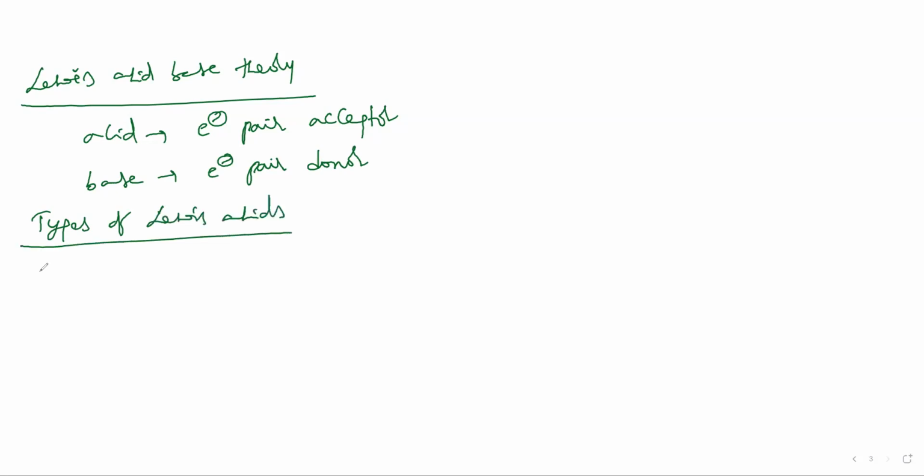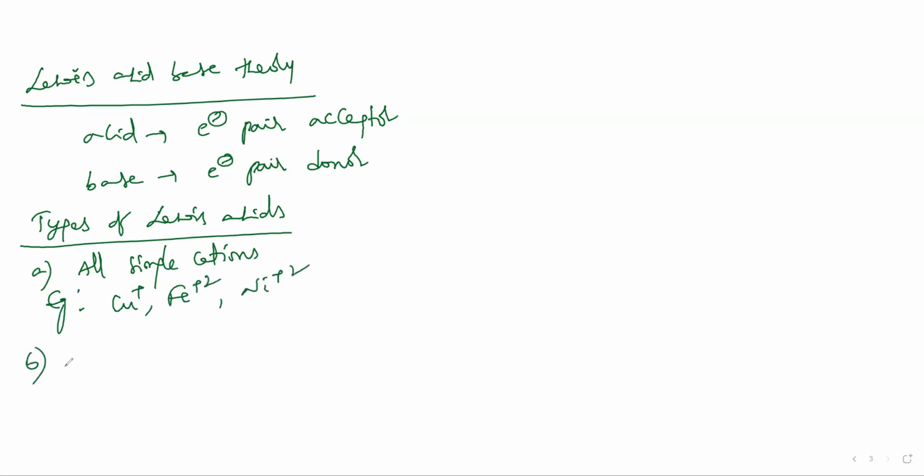Types of Lewis acids. In the first one, all simple cations. Examples: Cu plus, Fe plus 2, Ni plus 2. Next one, atoms with electron sextet.